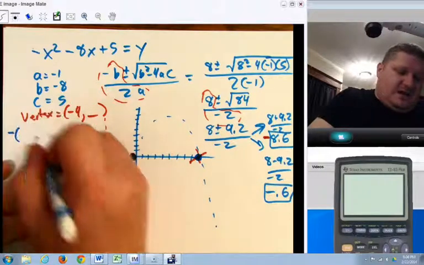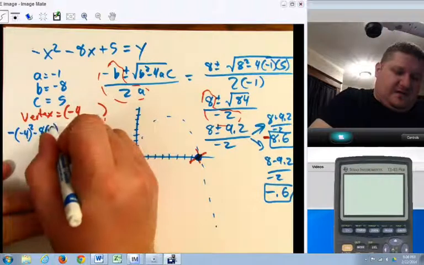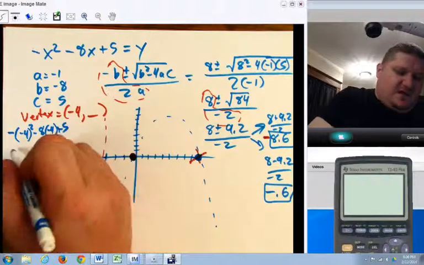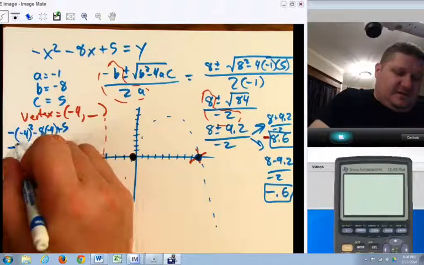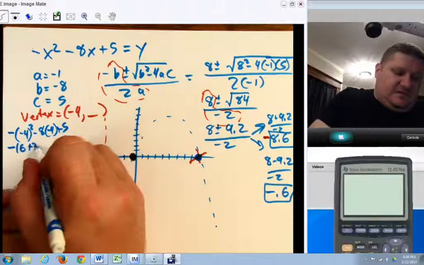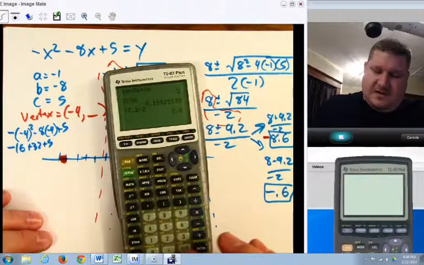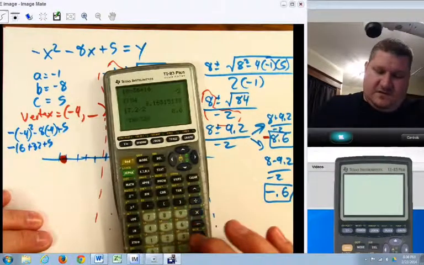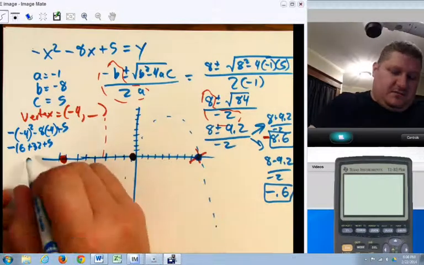Negative of -4 squared minus 8 times -4 plus 5. That's going to be 16, but the negative out front means -16 plus 32 plus 5. So, -16 plus 32 plus 5. 21.